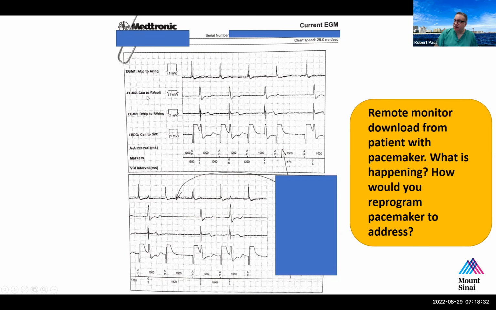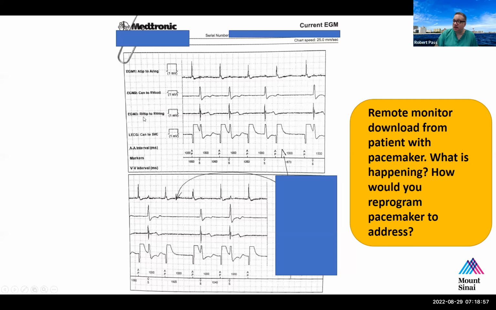This is electrogram number 2 from the can to the RV coil. So this is an electrogram between the actual device. The device is sometimes referred to in pacing lingo as the can. And the coil is the shocking electrode that is further up in the pacing lead for a defibrillator lead. So this should represent a ventricular electrogram.